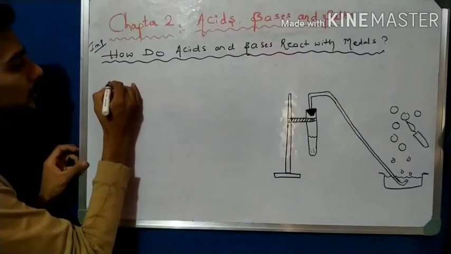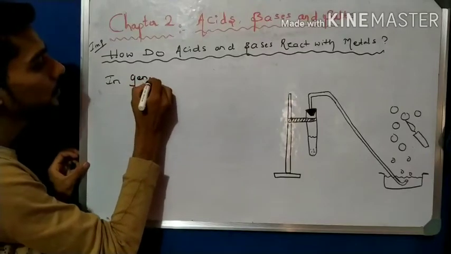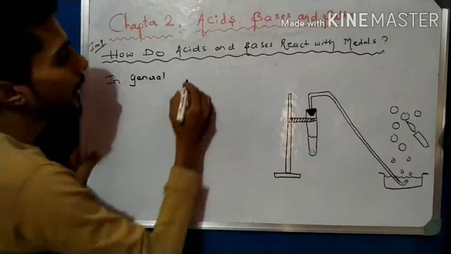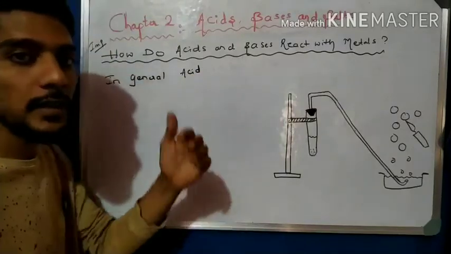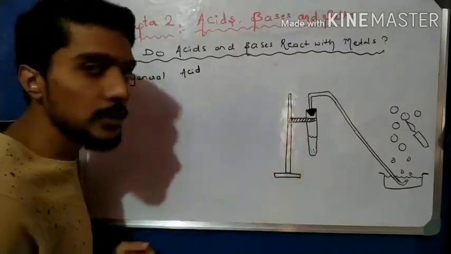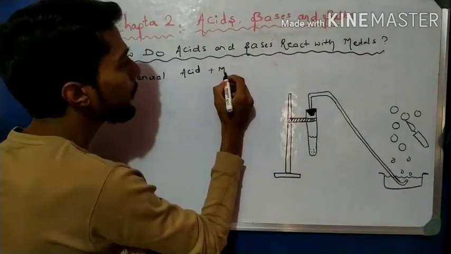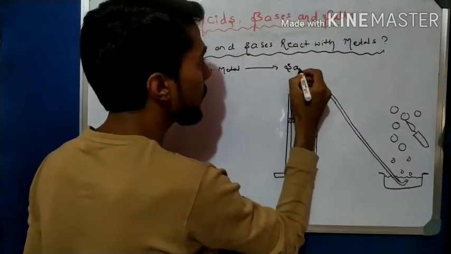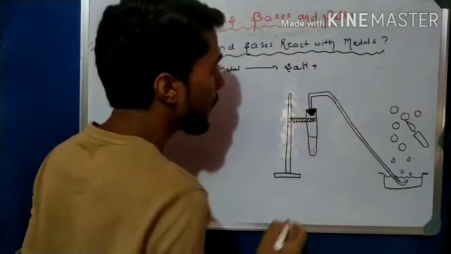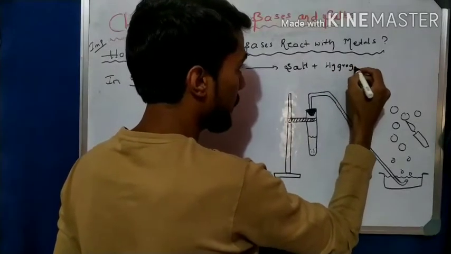One is acids in general. I write acids in general. Any acid may be sulfuric acid, hydrochloric acid, nitric acid or acetic acid. Any acid plus metal. So what happened? Observe that we get salt plus hydrogen gas liberated.